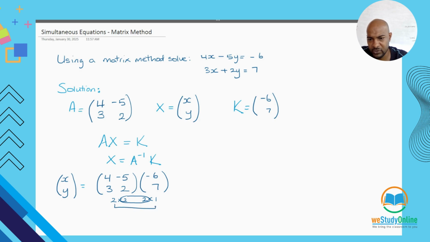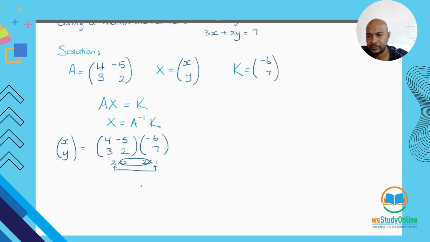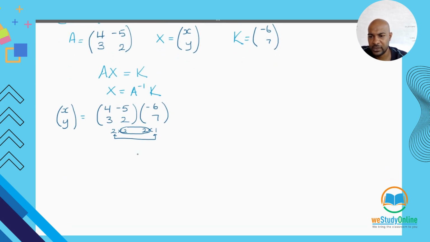The end numbers are going to tell us the answer we're going to get. So I'm scrolling up a little bit here. What's going to happen is we should have a matrix that is made up of 2 rows and 1 column. That's what should happen in the long run.